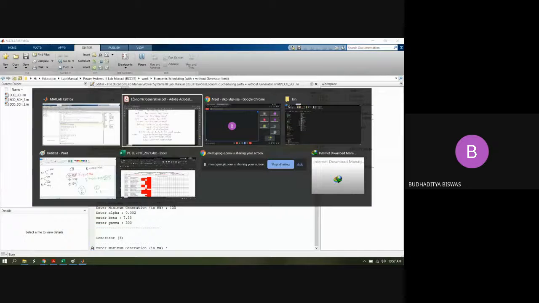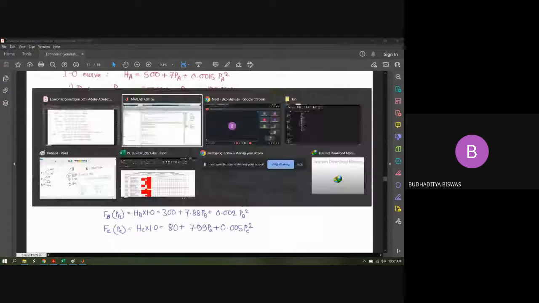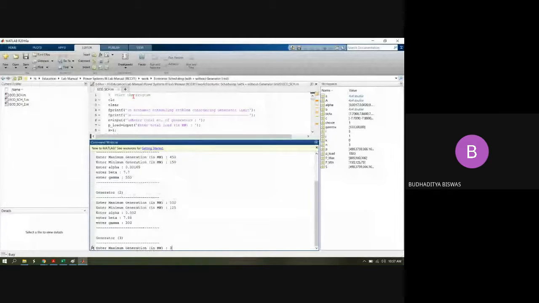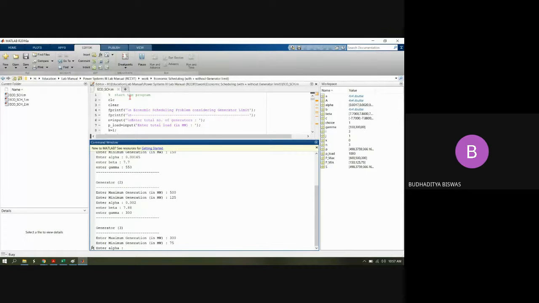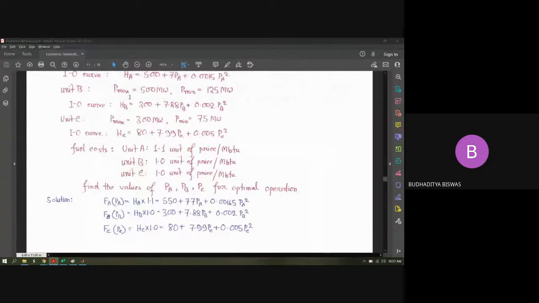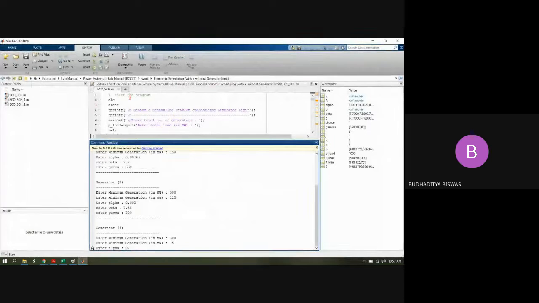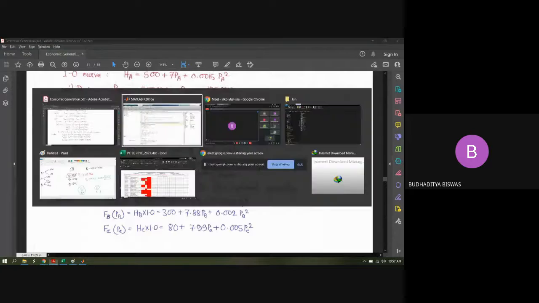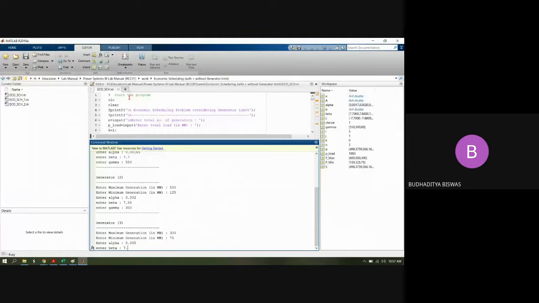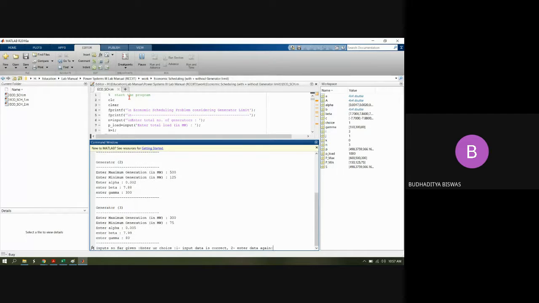For generator 3, the limit is 375, alpha is 0.005, beta is 7.99, and gamma is 80. So the data given is correct.